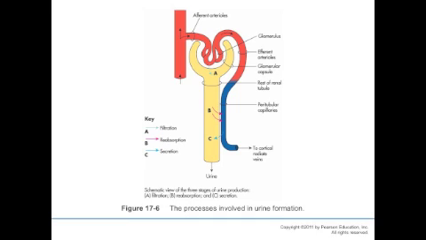As the pre-urine travels down this tube, you get to the next place labeled B, where you see the red arrow, and this represents reabsorption of substances from the pre-urine back into the peritubular circulation. And then finally, just before the urine is done, you see secretion at letter C, where the body has an opportunity to get rid of waste products before the urine is completed and goes down to the bladder.